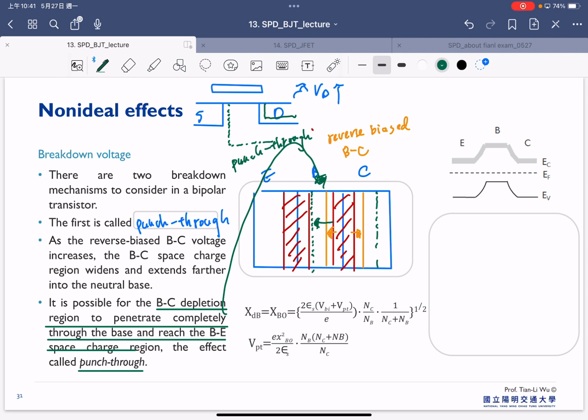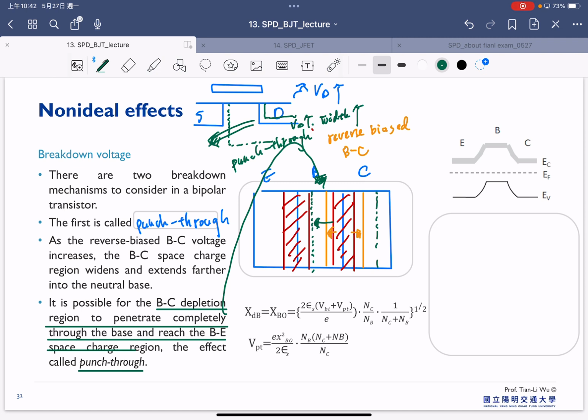So as VD increases, this width also increases here, and that's exactly the same phenomenon in the MOSFET. We also call it punch through. In fact, in every semiconductor device, as long as we increase a certain bias, you extend the depletion region and reach another junction. In all kinds of semiconductor devices, we call this the punch through effect.